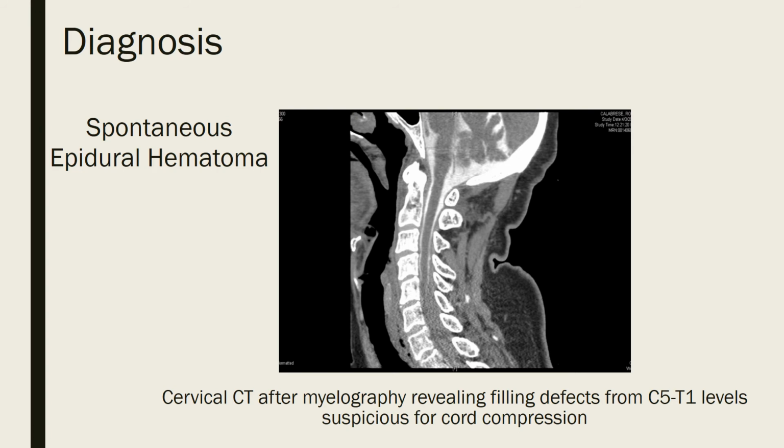This could have been why the patient was experiencing spontaneous neck pain along with weakness in the extremities. She was eventually diagnosed with a spontaneous epidural hematoma. This is when there is an accumulation of blood within the epidural space.